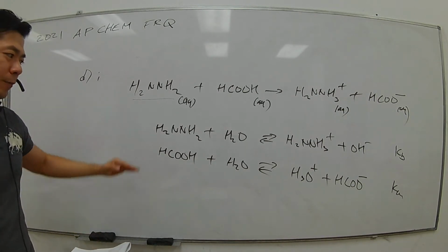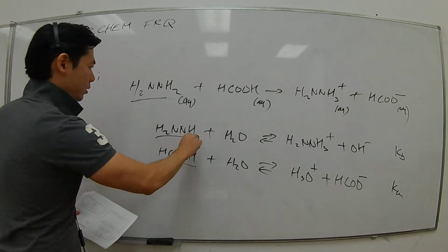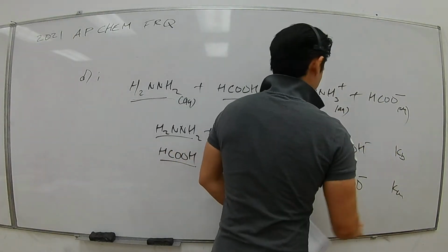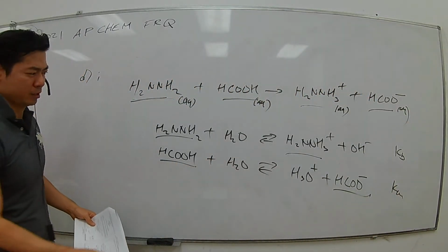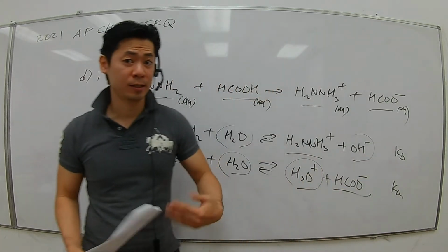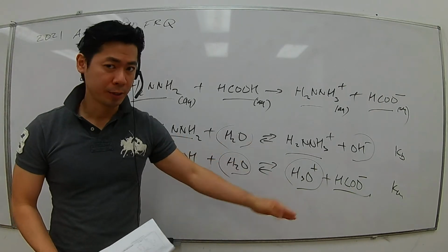If you add these two, it seems like these are there, and those products are present, so it seems like you just add them. But the problem is what, guys? H2O and OH minus and H3O plus are not going to go away. So you might have to add water in the mix here.